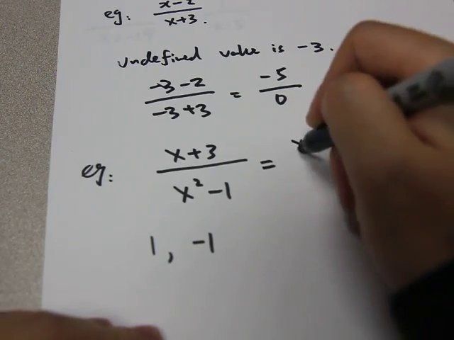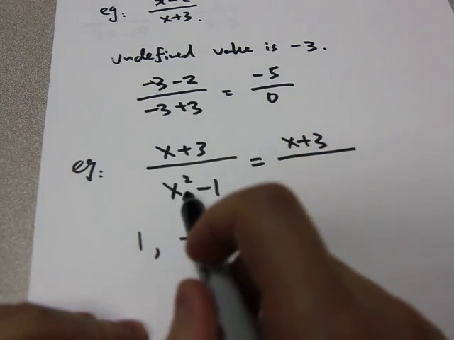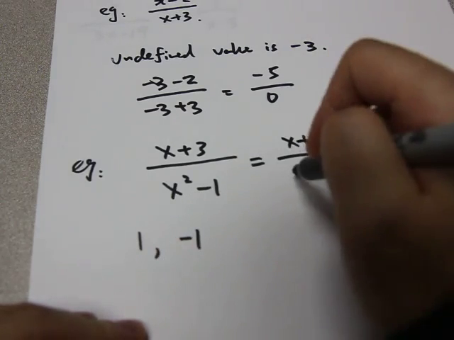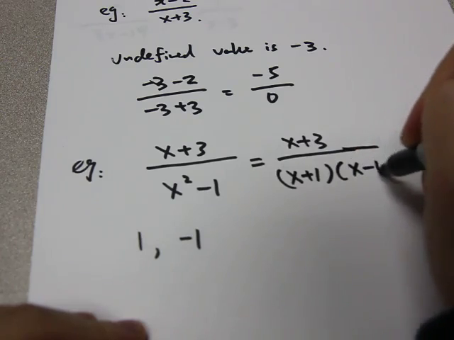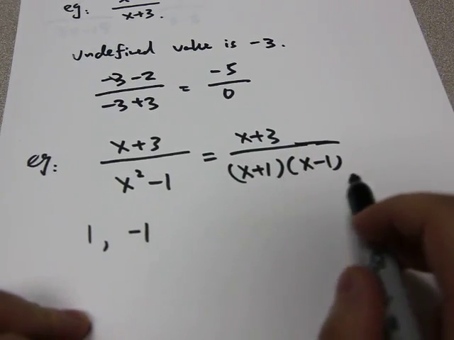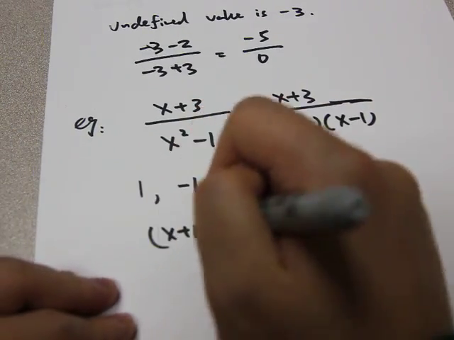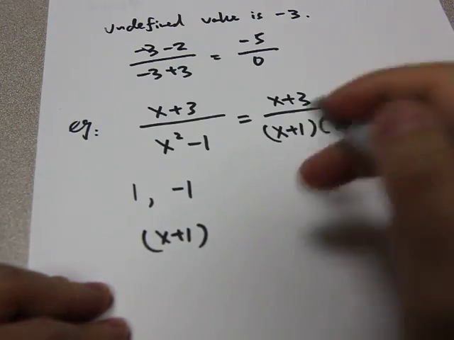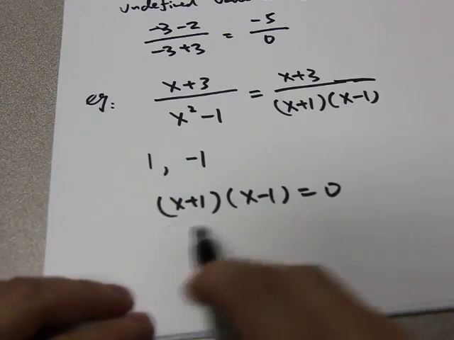Well, in practice, how can we tell this? So if you factor the denominator, you see it gives you x plus 1 times x minus 1, right? And then you think about, okay, which numbers will make this be 0? That means we are solving an equation like this, right?